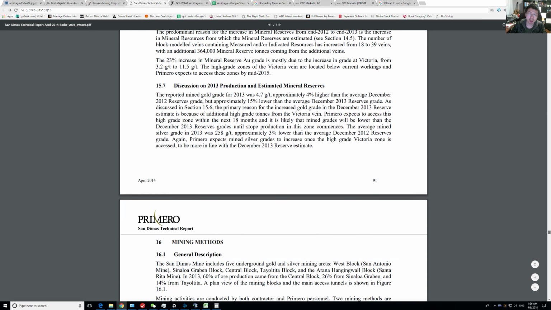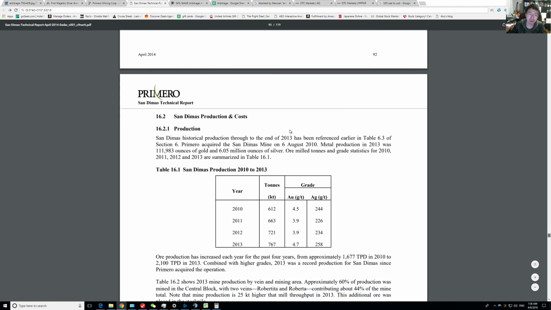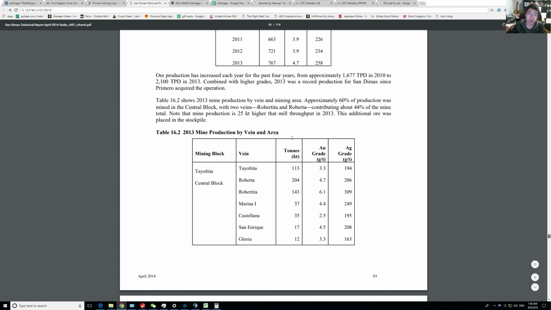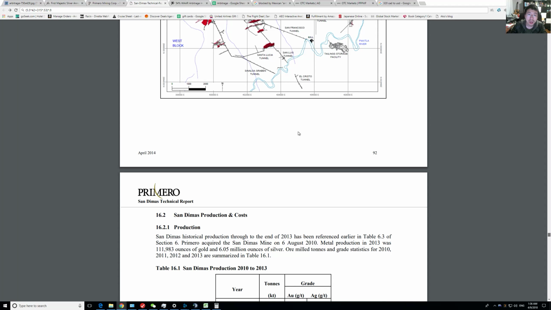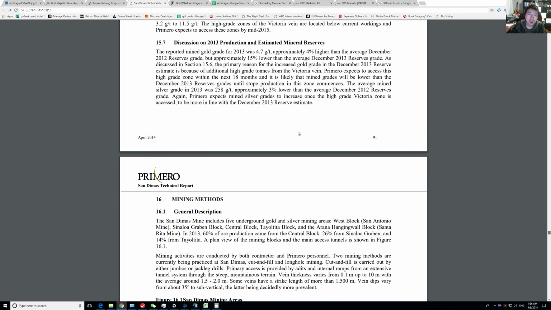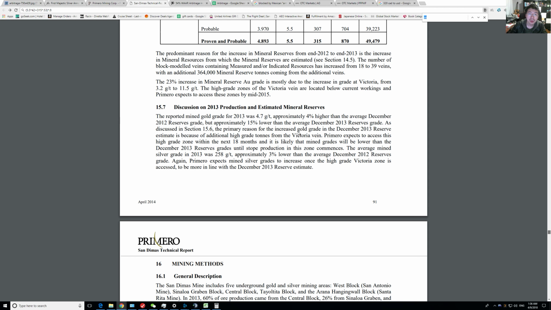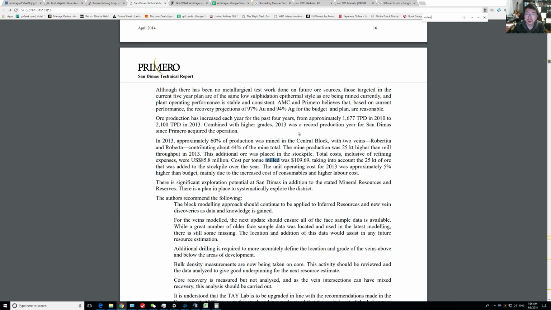So how much is the cost of mining? So their estimation of cost of mining was something like 100 and, where is that? Cost per ton milled was $110. Okay.